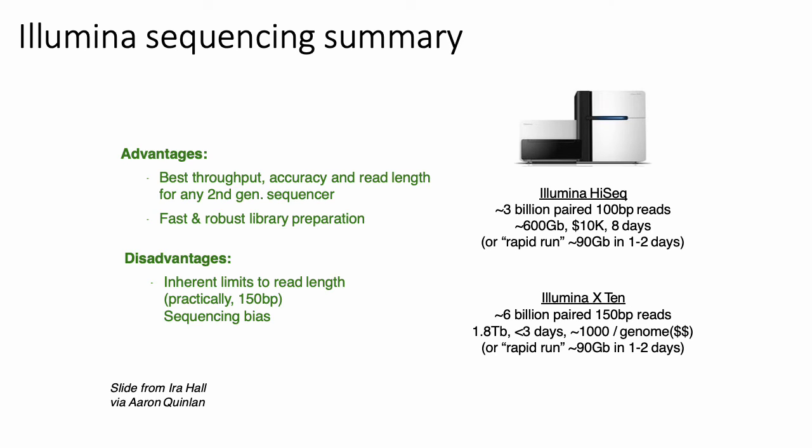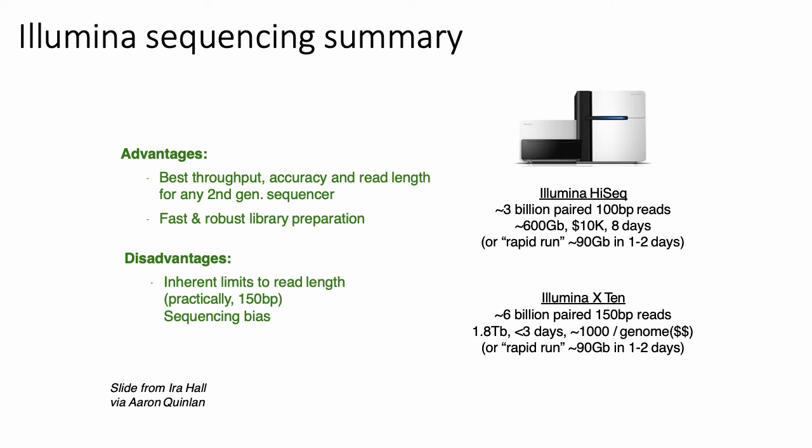The main advantages of the Illumina approach, the sequencing by synthesis approach, is that in terms of raw throughput of the three technologies we'll talk about today, you basically get the highest throughput with Illumina. Accuracy is generally pretty high, and it's pretty easy to do.